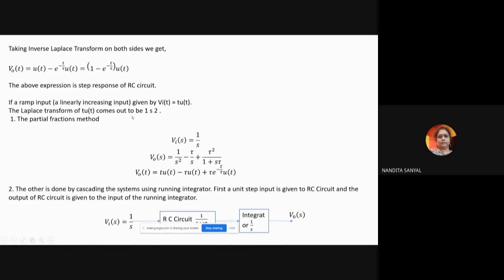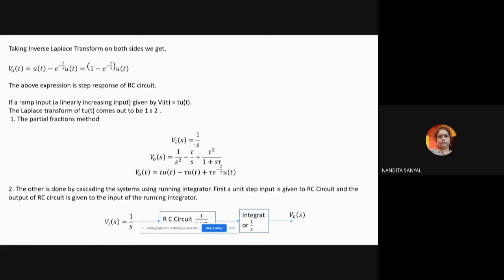Now, if it is given by a ramp input, then V input is equal to t ut, and this will become 1 by S squared.